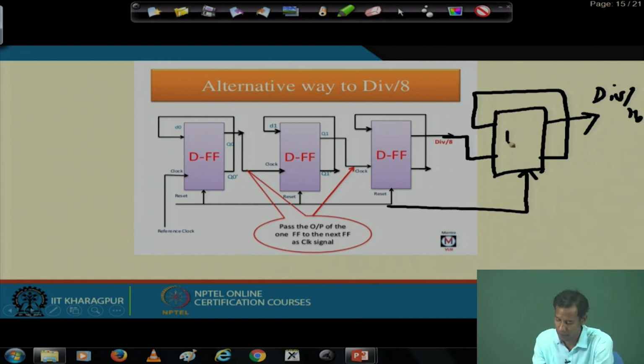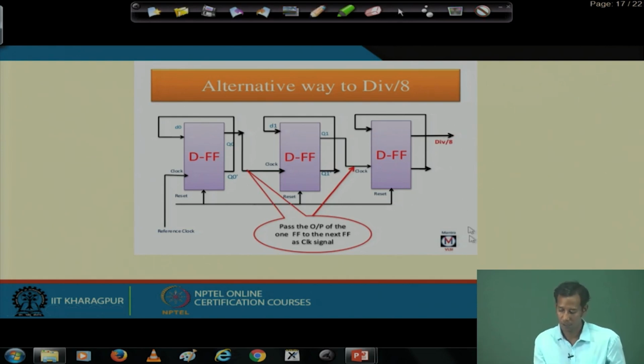All of these are nothing but D flip flops, that is why this Q bar is connected over here. If you use a T flip flop, then it will be okay, no problem.